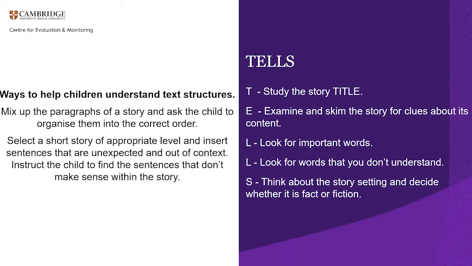So ask them to study the title, examine and skim the story for clues about its content, look for important words, look for words that you don't understand, and think about the story setting and decide whether you think it's fact or fiction. And when the children get used to using an organizer like TELLS, the benefits extend to listening comprehension as well as reading comprehension.